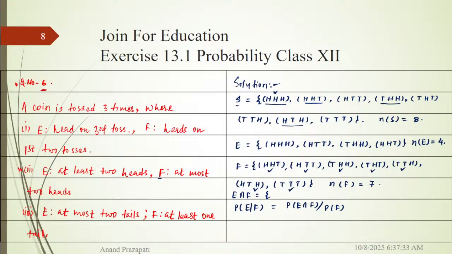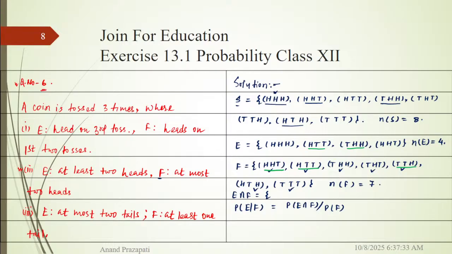So HHH is not in here. HTT, all this one is here. TTH, see here, TTH. HHT is not here. So see here HTT. And HHH is also not here, and HHT is here. So only three sample points are common.